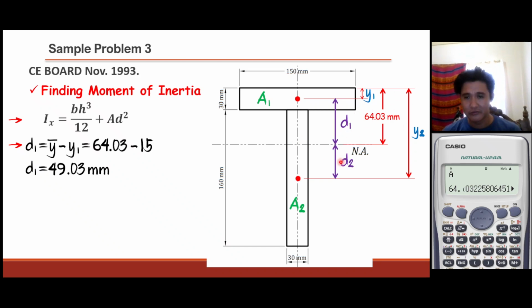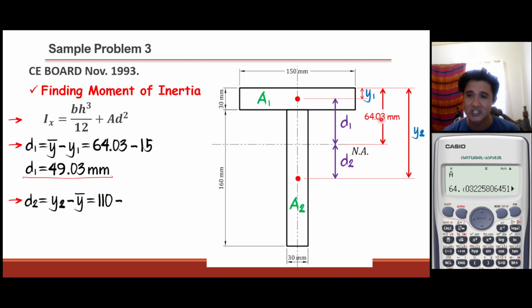Okay? Now, solving for D2 naman. For D2, kukunin natin yung value ni Y2, tapos ibabawas natin si Y bar. Okay? So, Y2 minus Y bar. So, yung Y2 natin, yung ginamit natin kanina, yung kalahati ni 160 plus 30 millimeters, that is 110 millimeters.